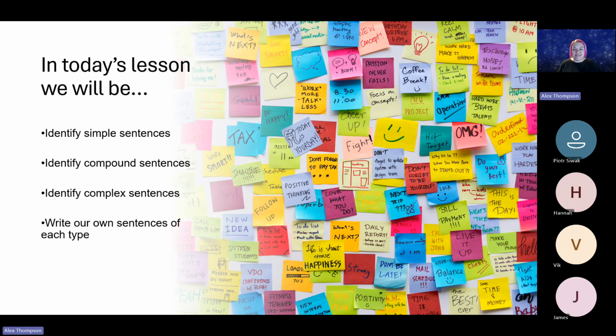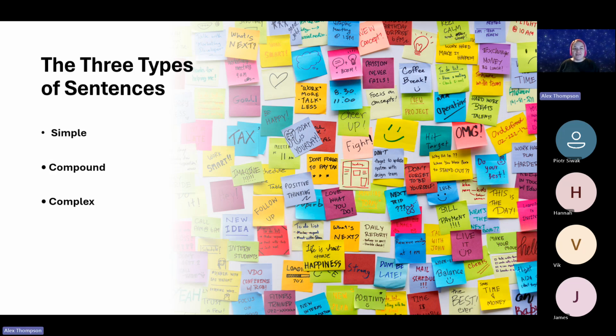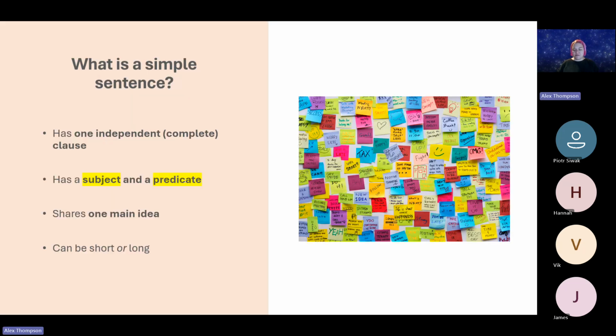Simple sentences. That's the one that we're going to start with. Now, we're starting with a simple sentence because they're essentially the building blocks that we use to make both compound and complex sentences. So we need to be sure that we understand what a simple sentence is, first of all. A simple sentence has one independent clause.